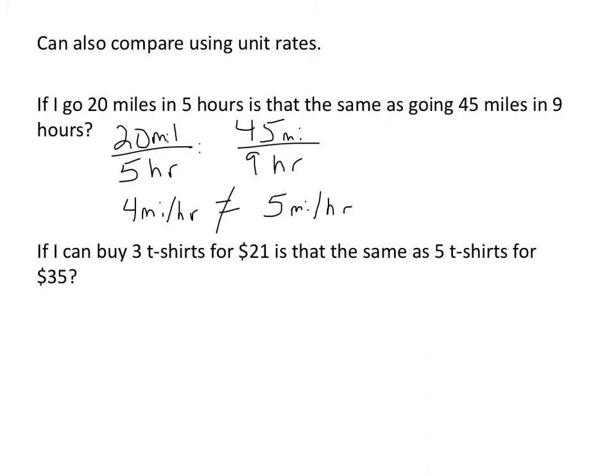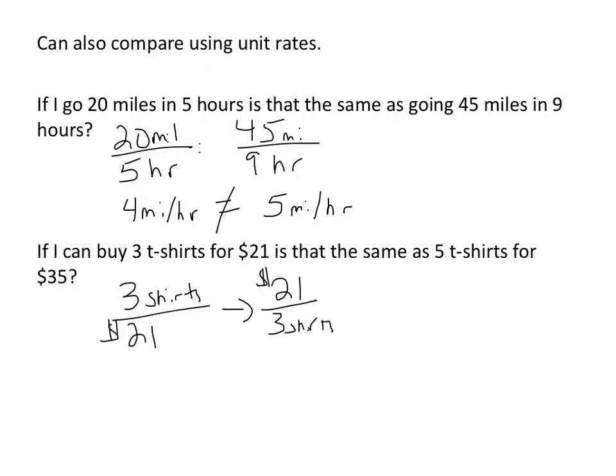So why don't you go ahead and pause the video and try the next one on your own using unit rates. If I can get 3 shirts for $21, and actually we can write this the other way because normally we're going to do the price per shirt. So I'm going to flip this around, and this is going to be $21 for 3 shirts because it's going to be easier to do our unit rate that way.